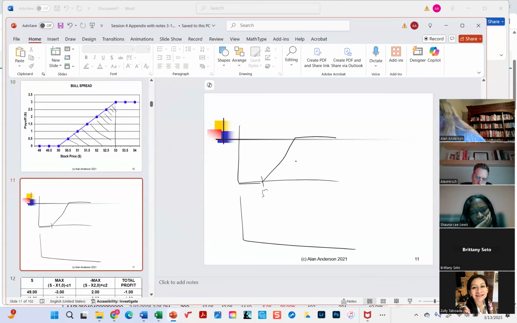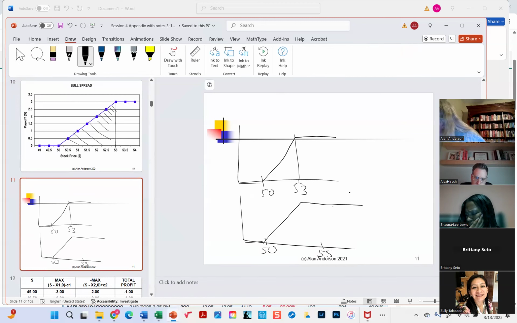Let's say I pick 50 and 53. Let's say I pick 50 and 55. All right, let me fix that. That's not what I want.